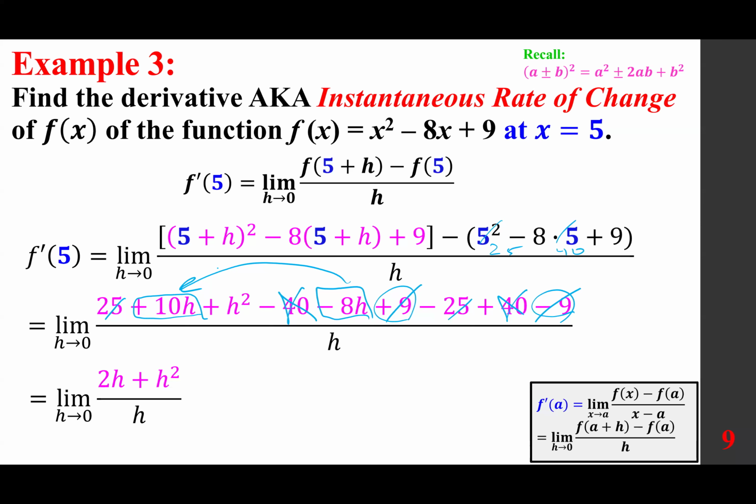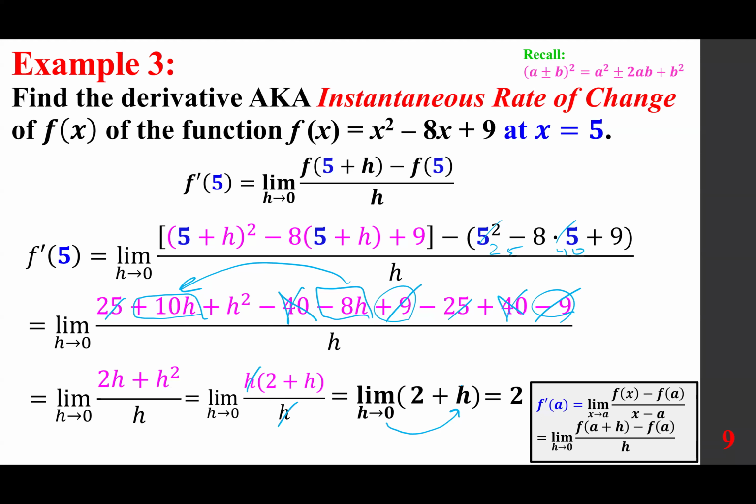We factor the h from the top and the bottom, and h drops. We get the limit of 2 plus h as h approaches 0. If we plug in now, we get 2. So very straightforward, everybody.